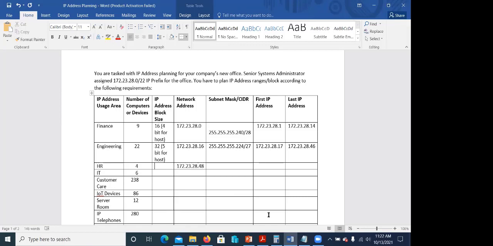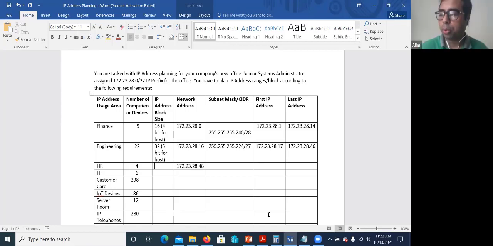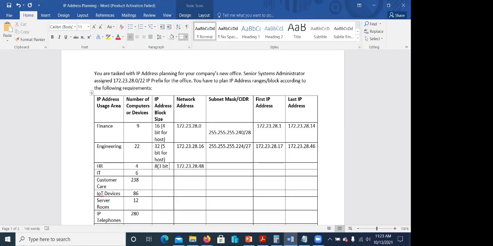If we use 2 to the power 2, then we will have 4 minus 2, which is 2. But you have 4 devices. How can you assign 4 IP addresses? Okay, then we should resolve it. Here it will be 8, 3 bits for the host.